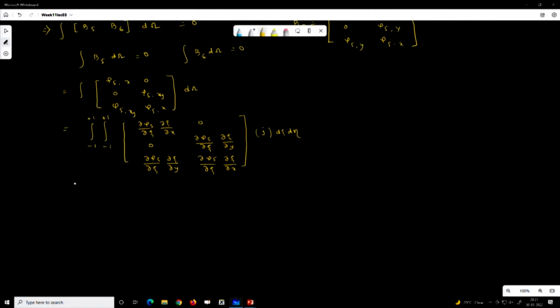Now if I substitute my xi's, that is -1 to +1, then integral -1 to +1, then this quantity. I know d phi 5 by d xi. Phi 5 is 1 minus xi square. So this will be my 2 xi. So let me take 2 outside.